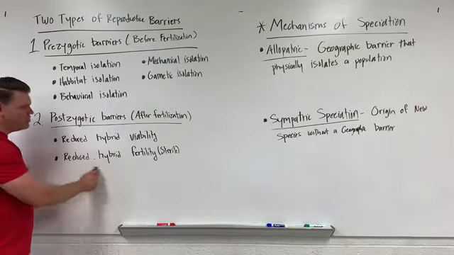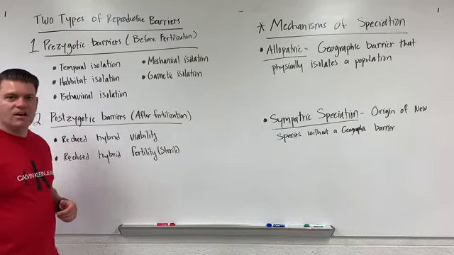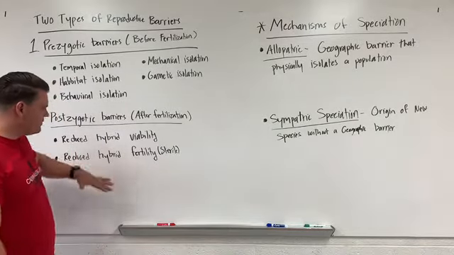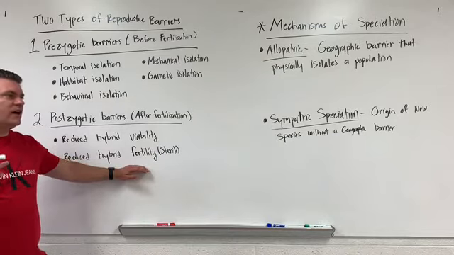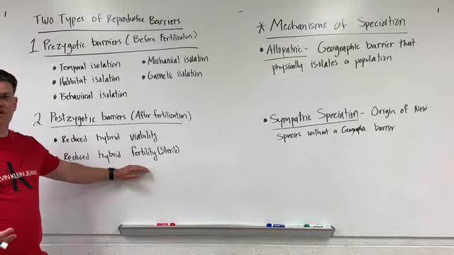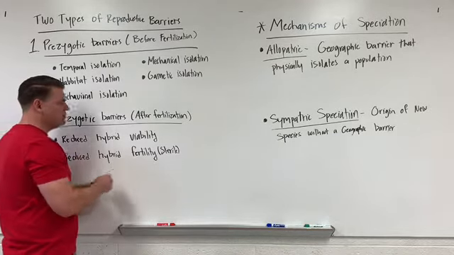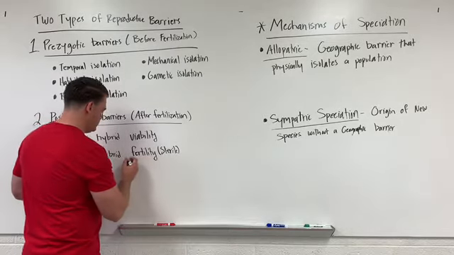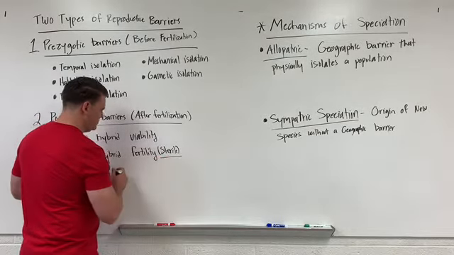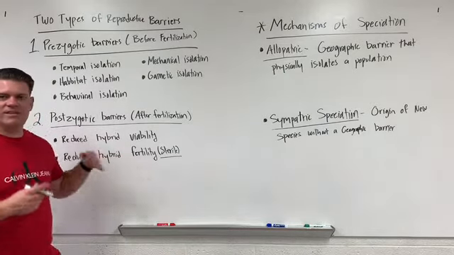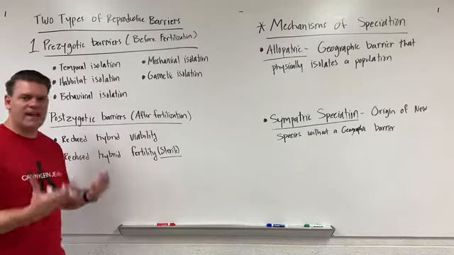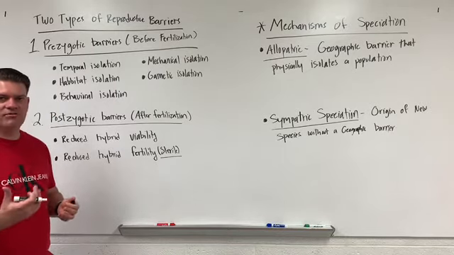Another one is reduced hybrid fertility. This is where you get through all these different barriers, and you have a nice, healthy infant. It can grow to sexual maturity, but guess what? Once it gets to sexual maturity, it's infertile. It's sterile, it can't actually have children.